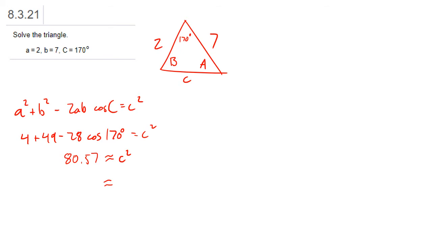Which means c is approximately equal to the square root of this. I'm actually taking the square root of the expression here, not the 80.57, just to avoid any compounding of rounding errors. So if I take the square root of that, I get 8.98.